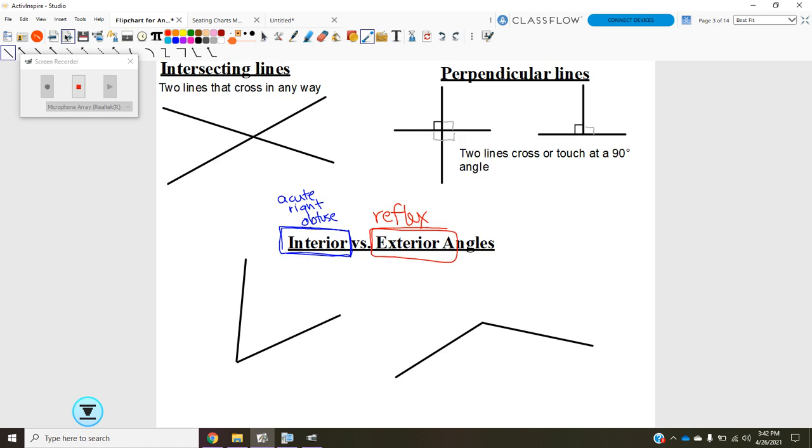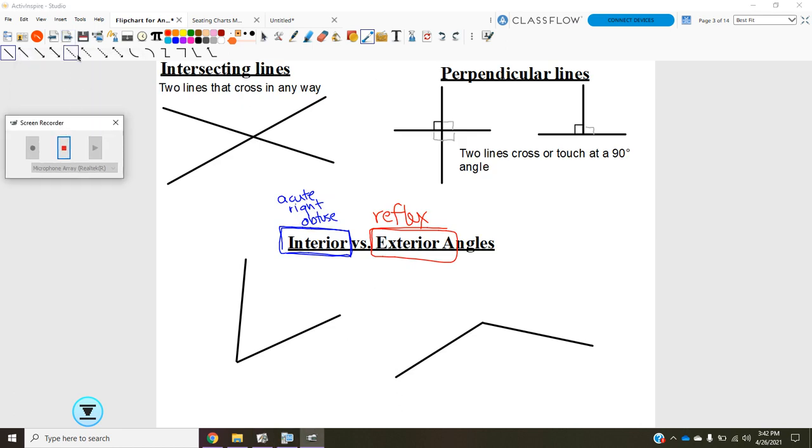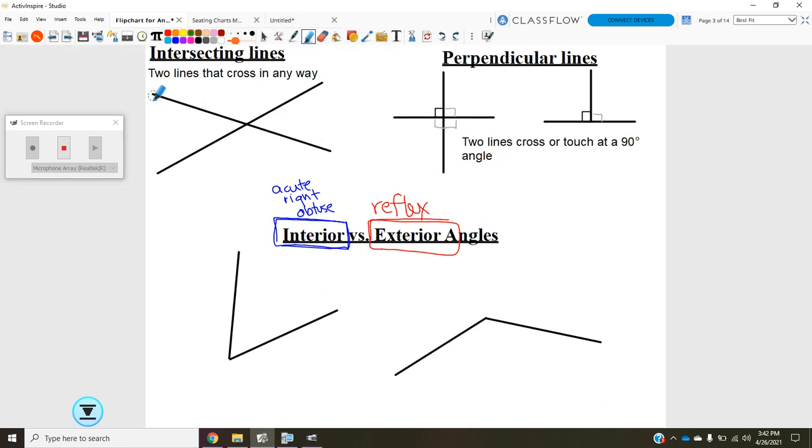Intersecting lines are two lines that cross in any way. So we have the line that I'm going to highlight in green, and this other line I'll highlight in pink, and they are crossing. That's all intersecting means.